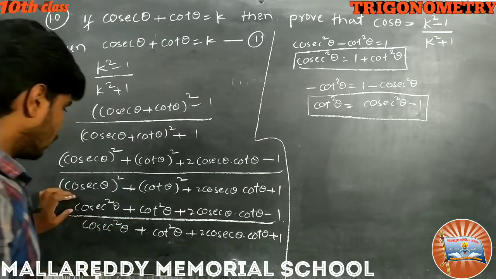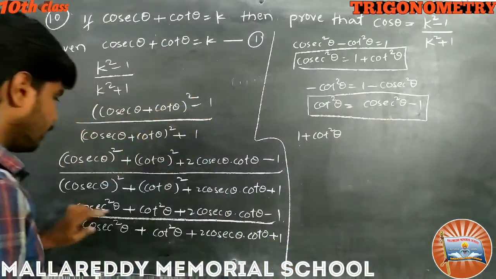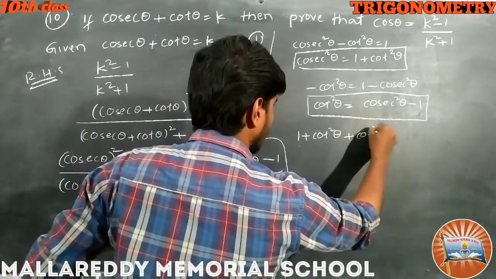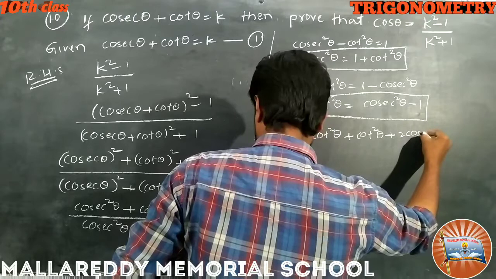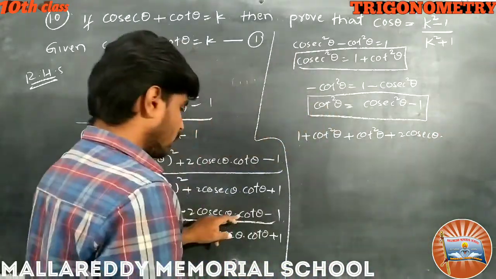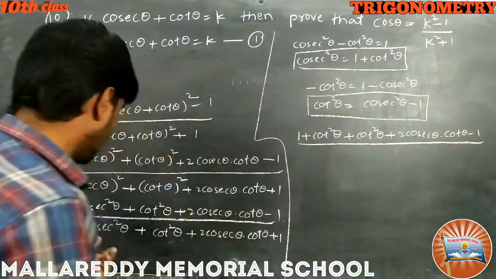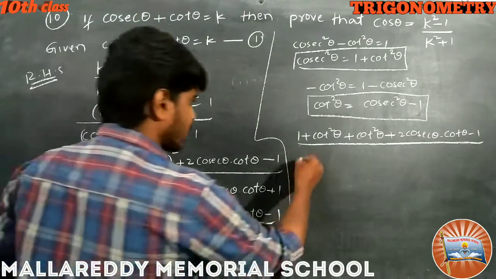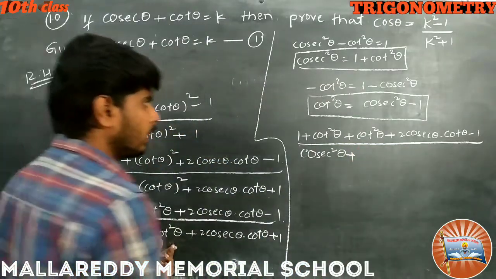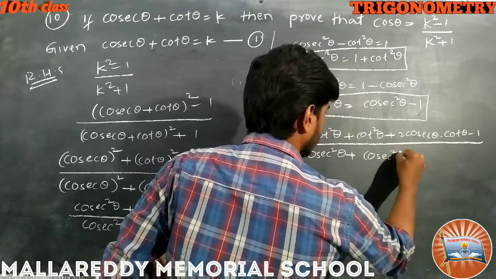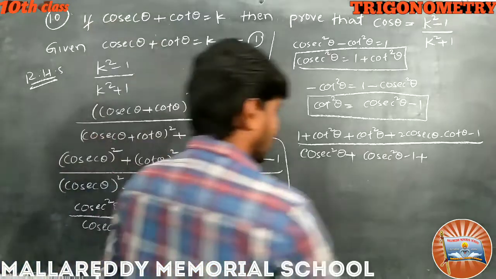So in place of cosec square theta I am writing 1 plus cot square theta, plus cot square theta as it is, plus 2 cosec theta into cot theta minus 1, by cosec square theta as it is, plus, in place of cot square theta I am writing cosec square theta minus 1 plus 2 cosec theta cot theta plus 1 as it is.